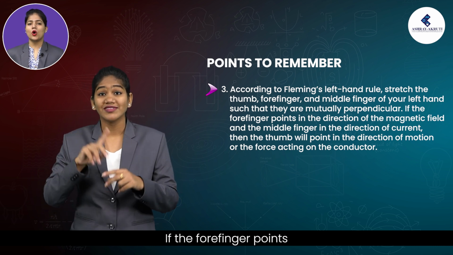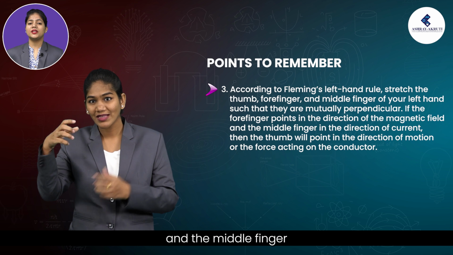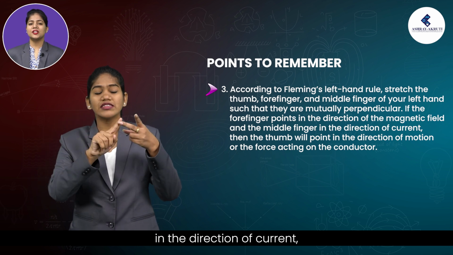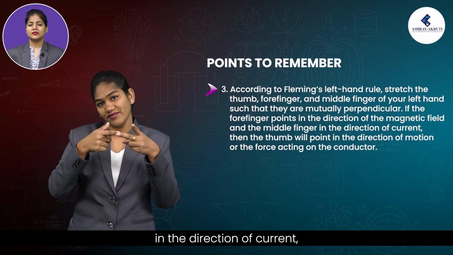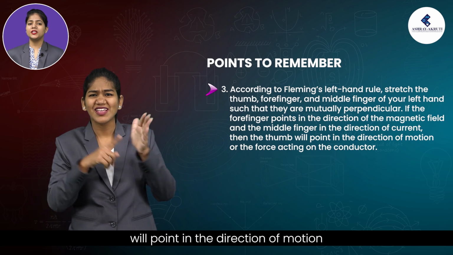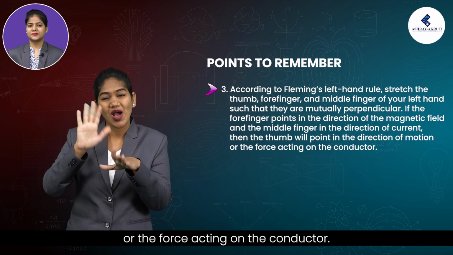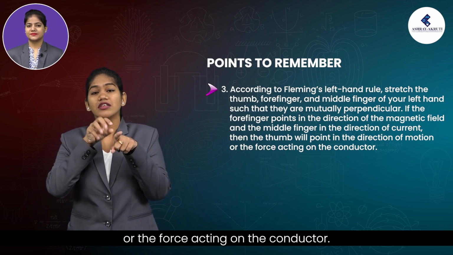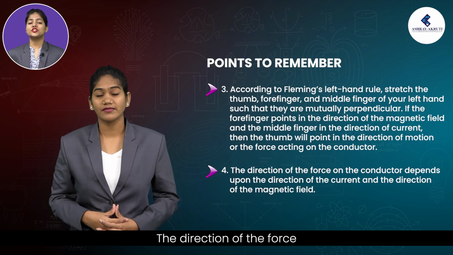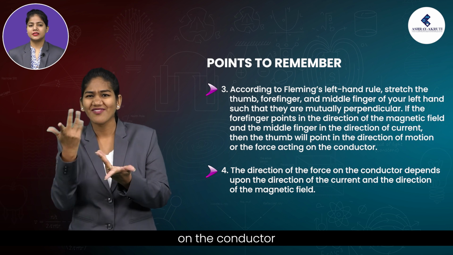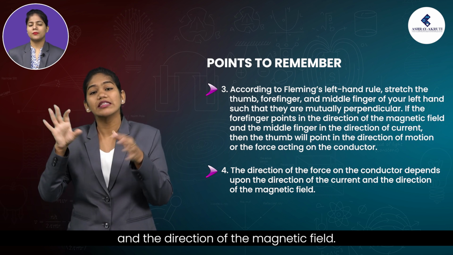If the forefinger points in the direction of the magnetic field and the middle finger in the direction of current, then the thumb will point in the direction of motion or the force acting on the conductor. The direction of the force on the conductor depends upon the direction of the current and the direction of the magnetic field.